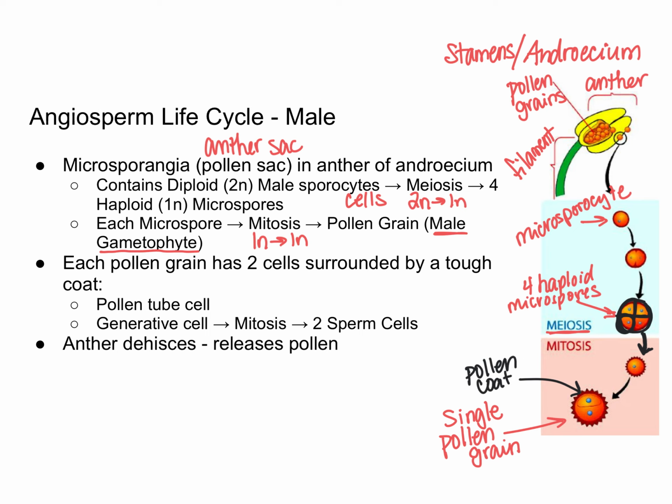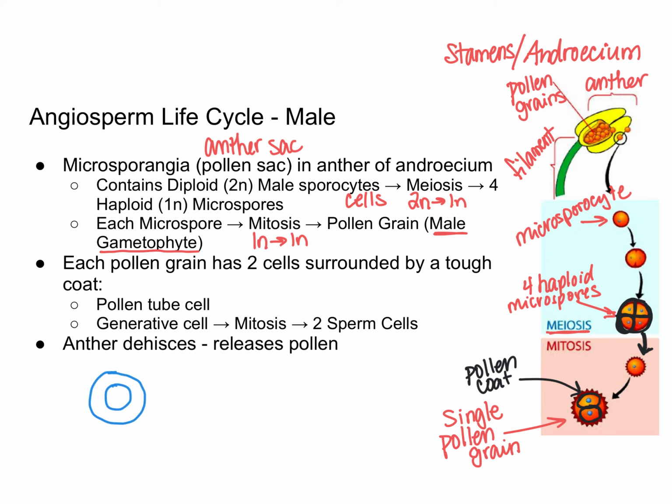And then inside this single grain of pollen, we have 2 cells. So it's showing one here and one here. And each one of them has a haploid nucleus. So to recap that, let's take a look at a microspore.